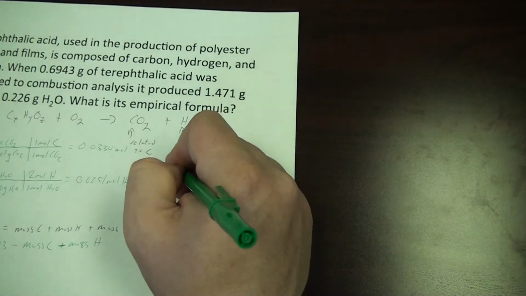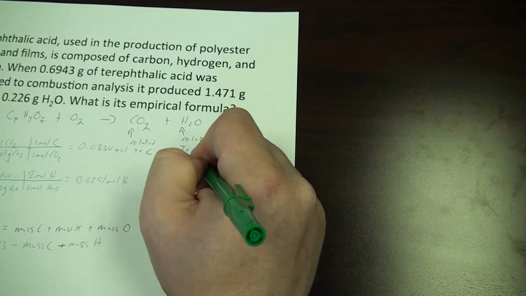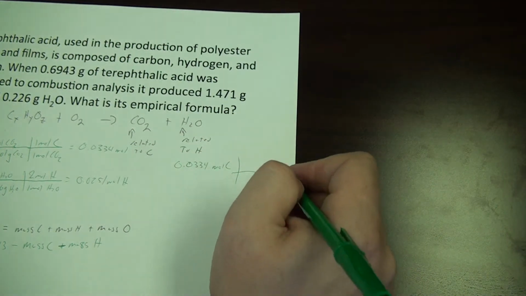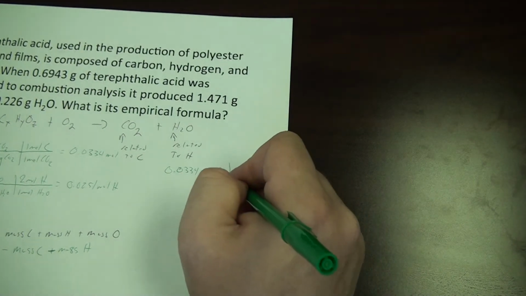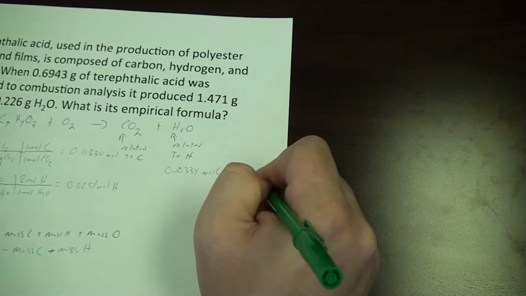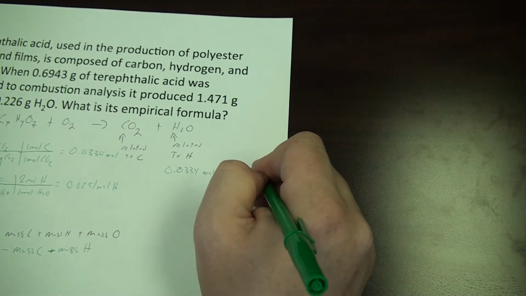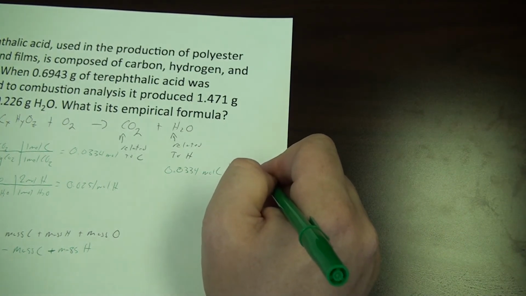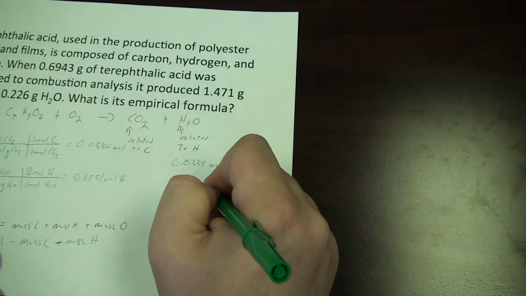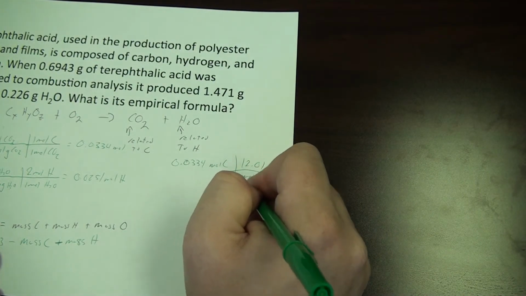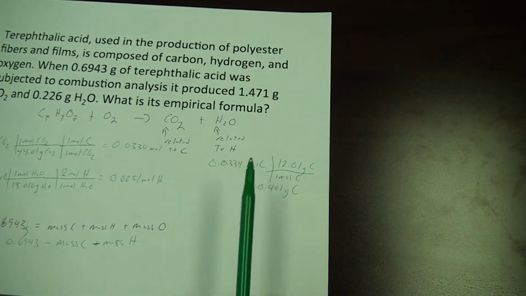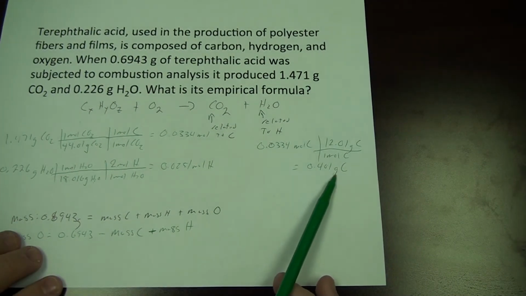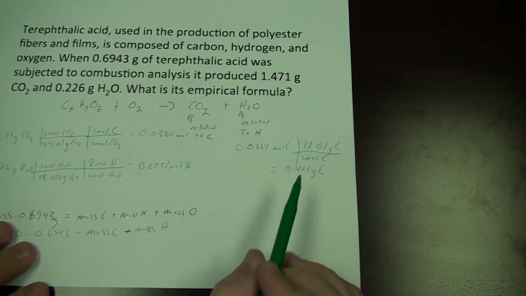So we're going to take this 0.0334 moles of carbon and convert it to a mass, where 1 mole of carbon gives us a mass of 12.01 grams, which is equal to 0.401 grams of carbon. So in this compound, we had 0.401 grams of carbon.